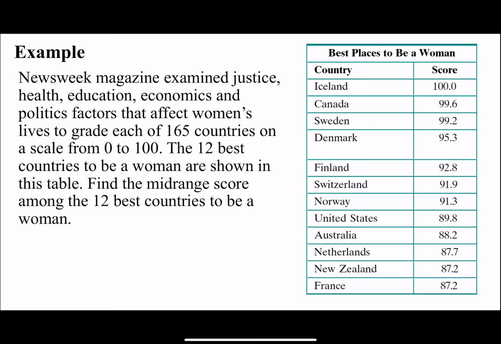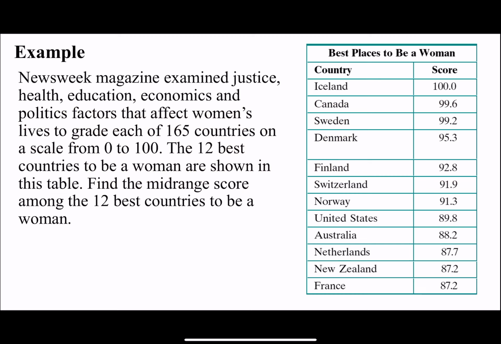And they have calculated the scores based on justice, health, education, economics, and politics. So they have considered these factors, and here are the scores. And you see, for example, Iceland has the highest score, 100, and Canada is second, 99.6. France has the lowest, 87.2.